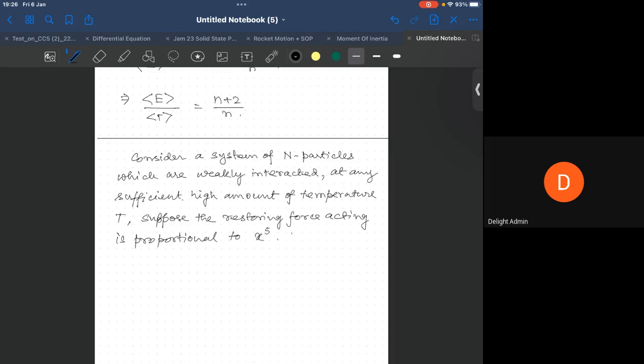Now find the total energy and heat capacity.